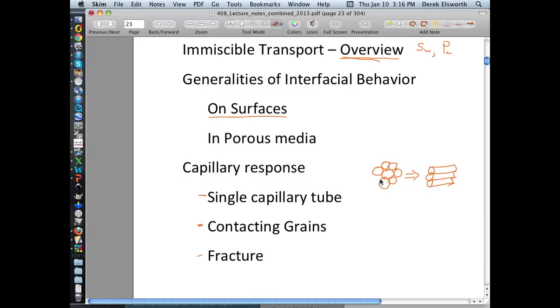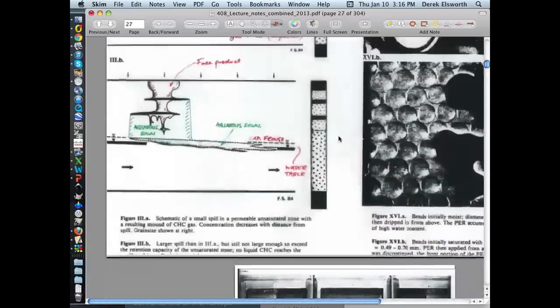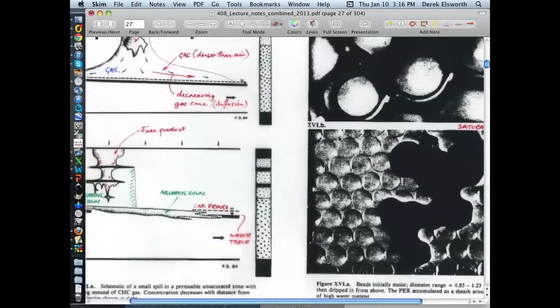And before we go and talk about that, the easiest connection to make is that when you're talking about porous media, of which this is a really bad diagram, but you get the picture.